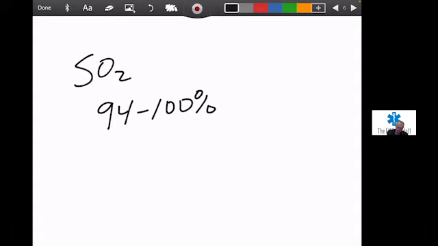And once we reach that 100%, we don't know how much above that we're going, because it's only going to measure what's saturated on the hemoglobin. We can actually get higher partial pressures of oxygen into the bloodstream.